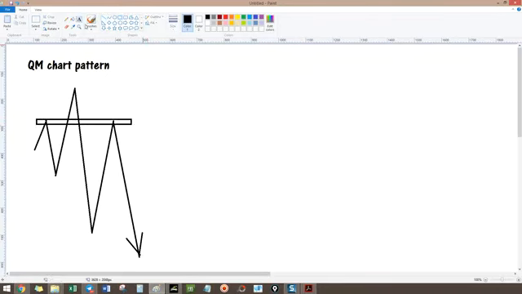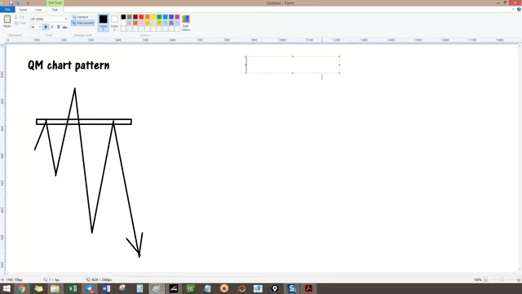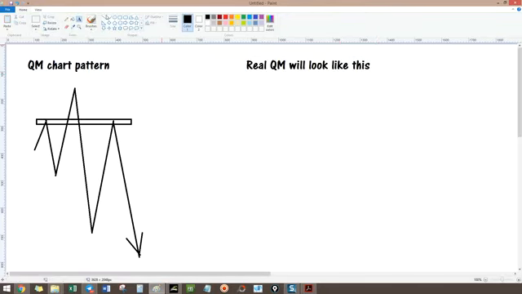By a QM level, a real QM will look like this.